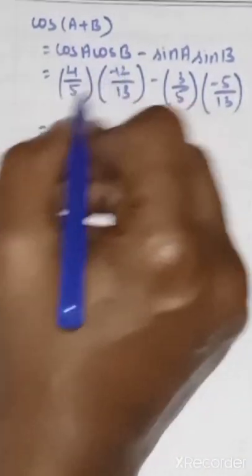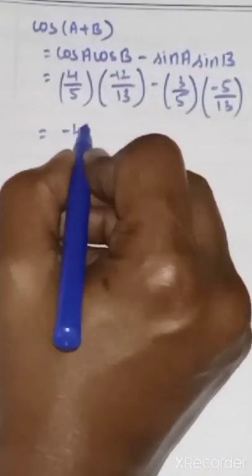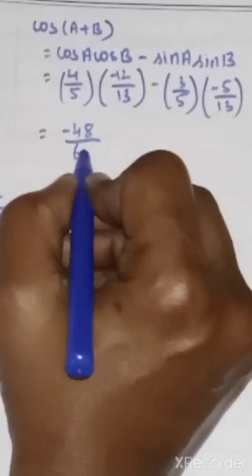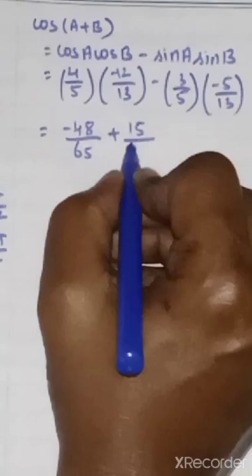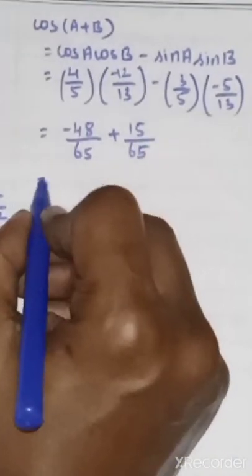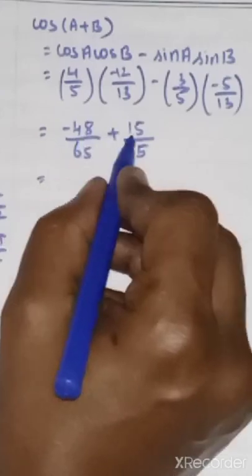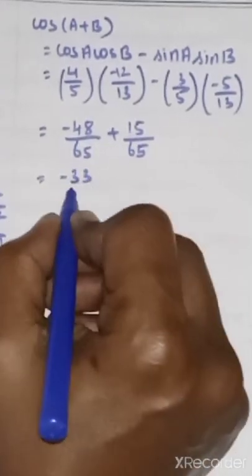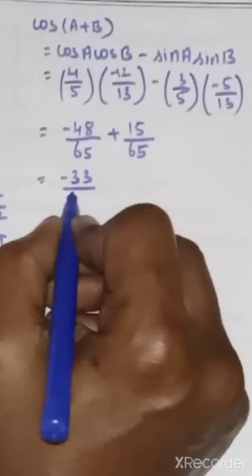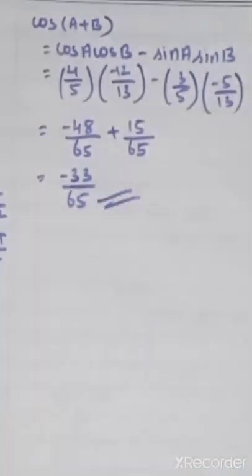Simplifying this, you will get minus 48 by 65 plus 5 threes are 15 by 65. Denominators are the same, so you can add the numerators. Minus 48 plus 15 is minus 33. So minus 33 by 65 is your answer.